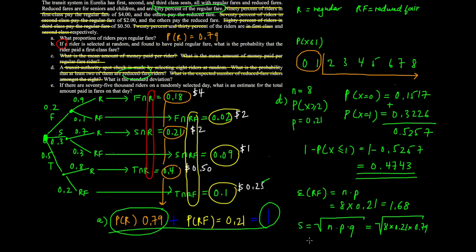The square root, please don't forget the square root, and the standard deviation is equal to 1.15. Okay, you could have just also done the square root of 1.68 times 0.79. That would have worked as well. Okay, so now we've solved for everything in part D, and we can move on to part E.